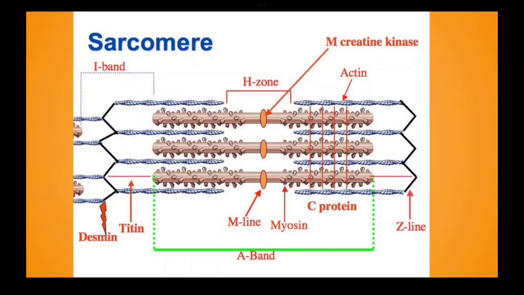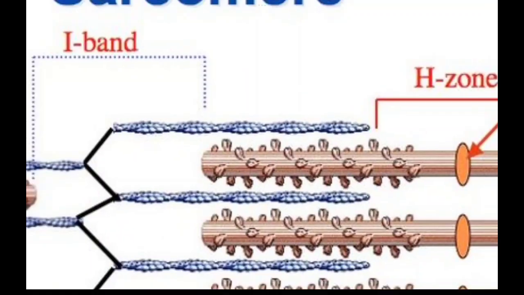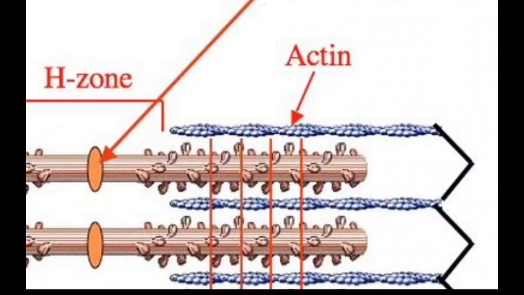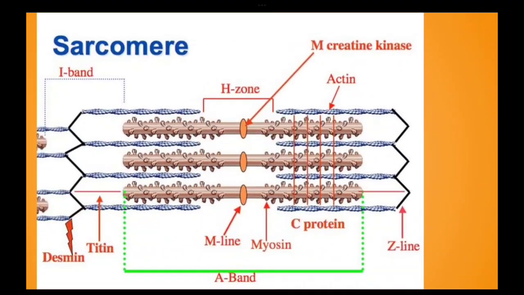These are the boundaries of the sarcomere, where the thin filaments, the blue colored ones, which are so thin, are attached. These thin filaments are called actin. They have represented it here with an arrow mark, that is actin. Those are the thin filaments attached to the Z line.